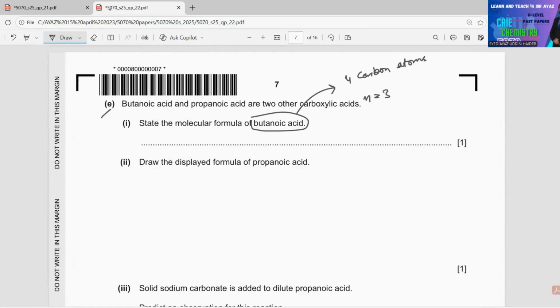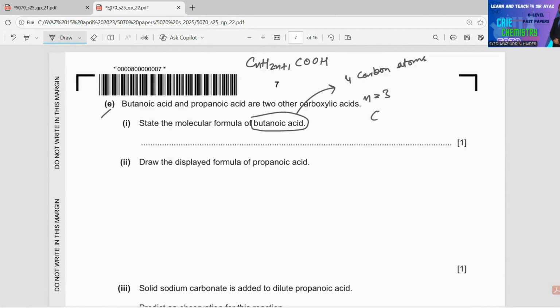For your convenience, I'm writing the general formula of carboxylic acid, which is CnH2n+1COOH. You see COOH is there, which means 1 carbon is already there. You need 3 more carbon atoms in order to get the molecular formula of butanoic acid. So for n, I'll be taking 3.